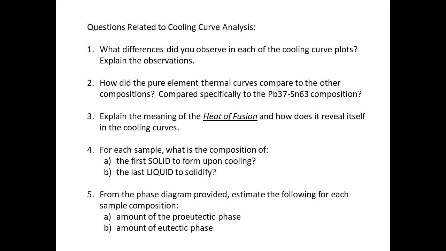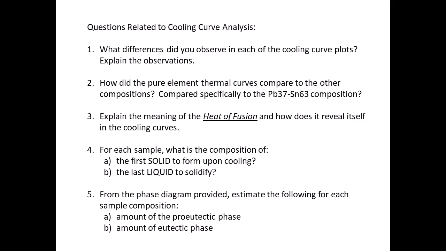3, explain the meaning of the heat of fusion. How does it reveal itself in the cooling curves of each sample? 4, what is the composition of A, the first solid to form upon cooling, and B, the last liquid to solidify? 5, from the phase diagram provided, estimate the following for each composition: the amount of pro-eutectic phase and the amount of eutectic phase present.